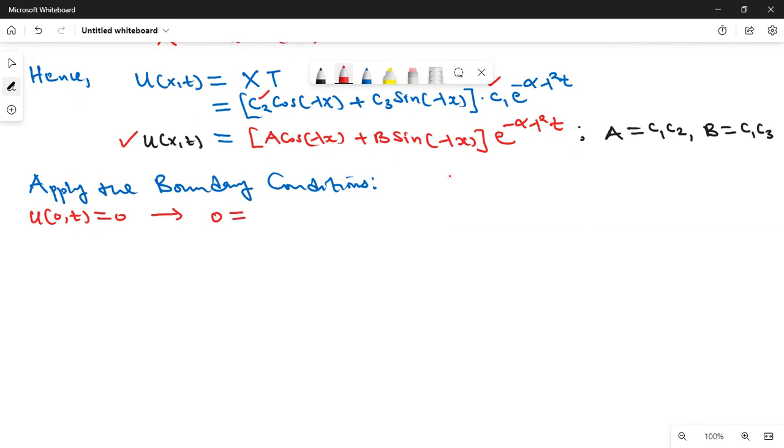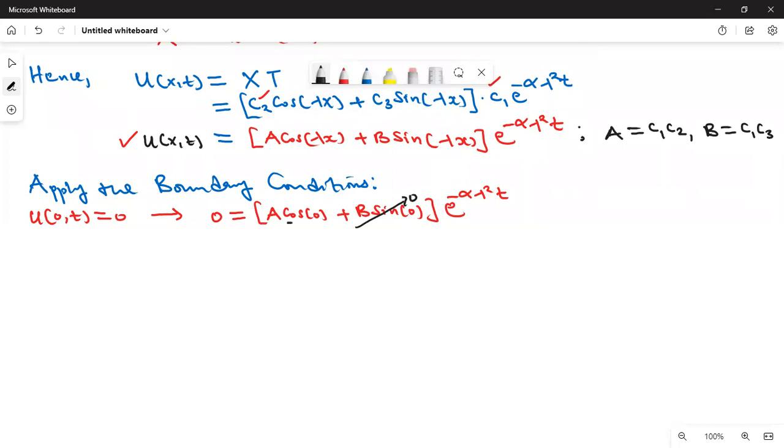remember cosine of 0 is 1. So it will be a cos 0 plus b sine 0, times exponential negative alpha lambda squared t. And you know sine of 0 is 0, so this will vanish.